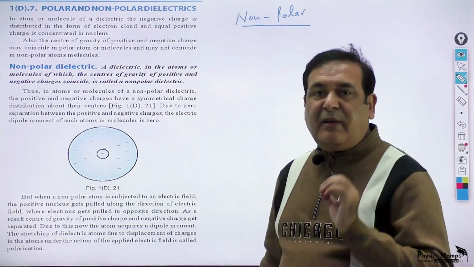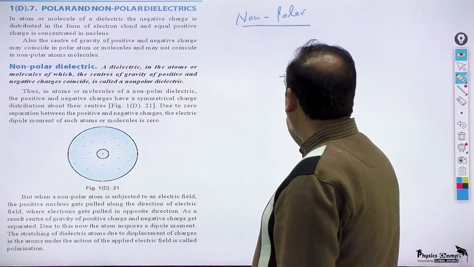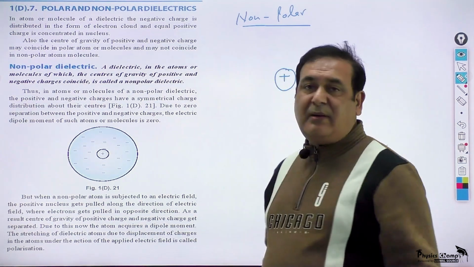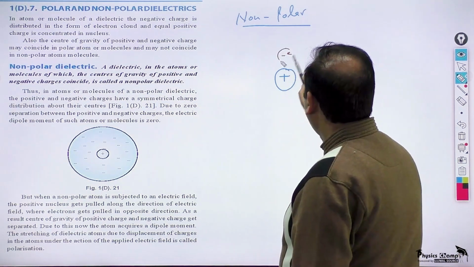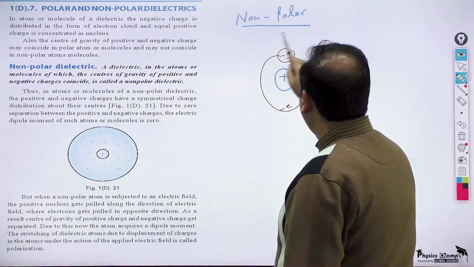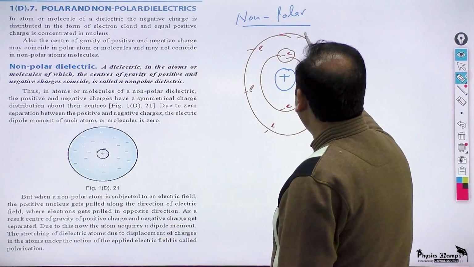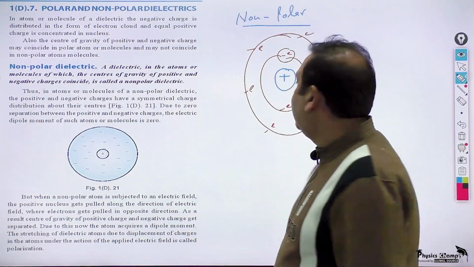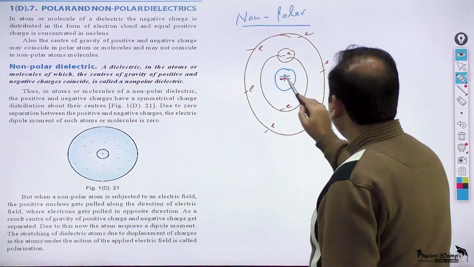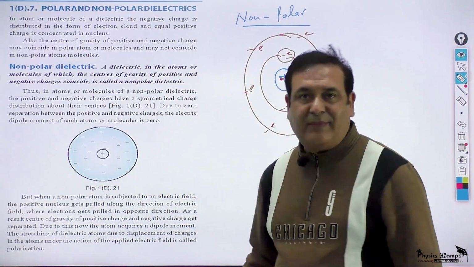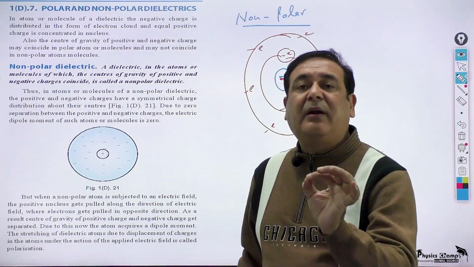As per the atomic model, the atom has its whole positive charge situated at the nucleus, and electrons are revolving in orbit around it. The revolving electrons are so placed that the center of mass of their negative charge and the center of mass of the positive charge coincide. So they do not carry any net electric dipole moment.